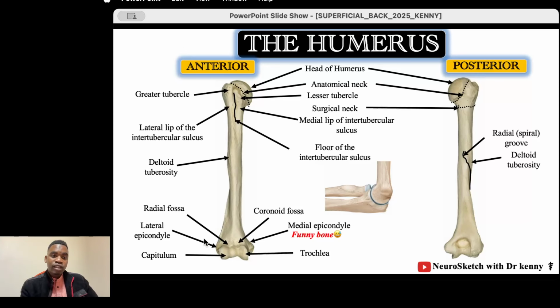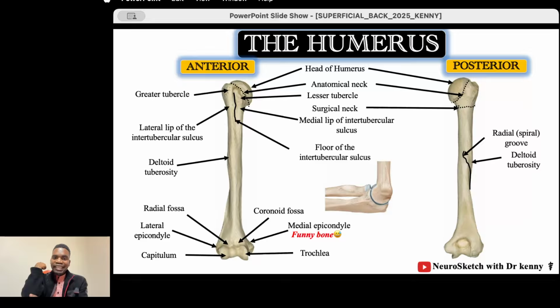So it is true that the radial fossa and the coronoid fossa are on the humerus, but the corresponding parts are found in the radius and ulna respectively. In other words, the coronoid process of the ulna and the radial head are the ones that limit the extent of flexion.